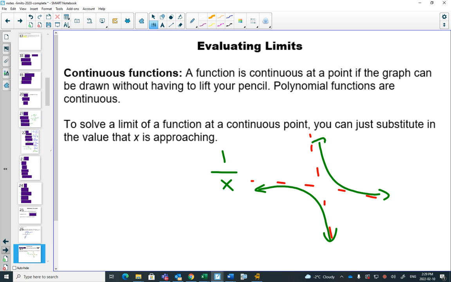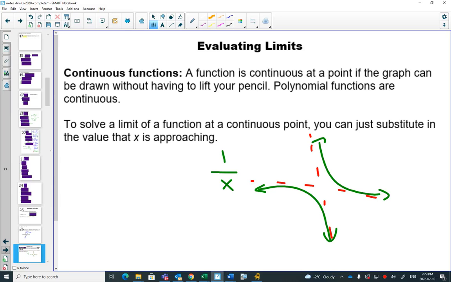But there's no way I can graph the whole thing without lifting my pencil and switching from one section to the other. So we would say the 1 over x graph has a point of discontinuity or a non-permissible value when x is 0, because you're not allowed to draw that point. And when you try to graph it, you have to jump from one point to the other.